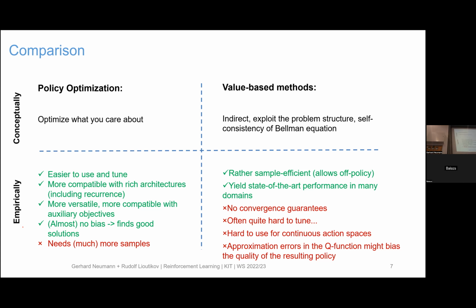With value-based methods, I always have the bias from the Q function. Here, I don't have a Q function. But they need many more samples. And on the right side, we have the value-based methods that are more sample efficient, but have all these problems with convergence guarantees and bias.